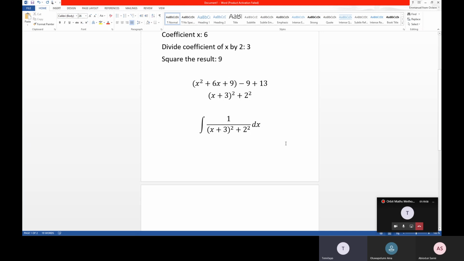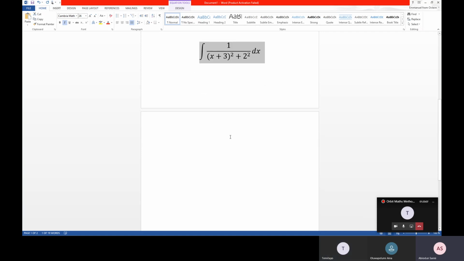Okay, continue. Now, there is this rule. When you have something of this structure, I will tell you what the rule is. If you have something of this structure, automatically your answer to this problem is by default this.